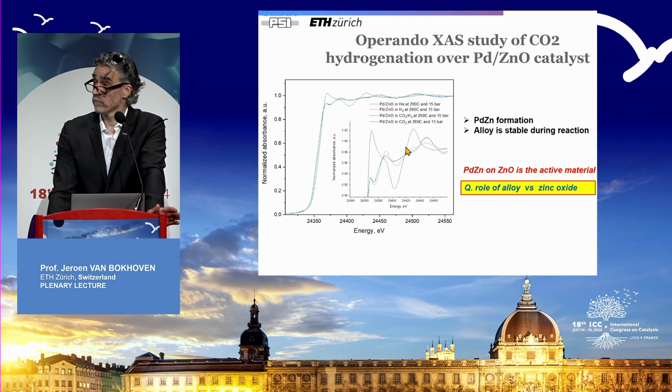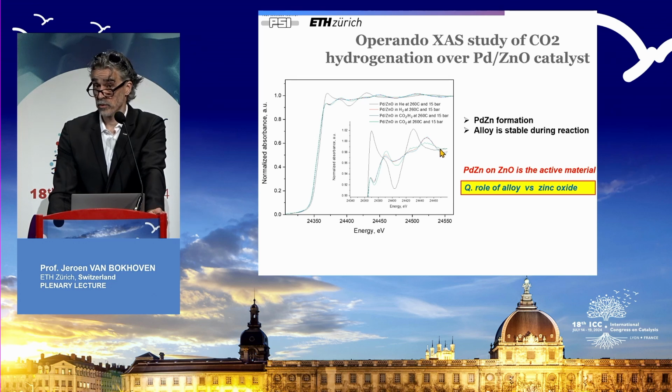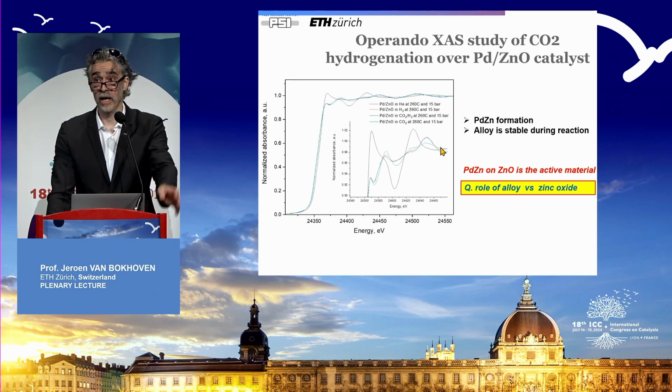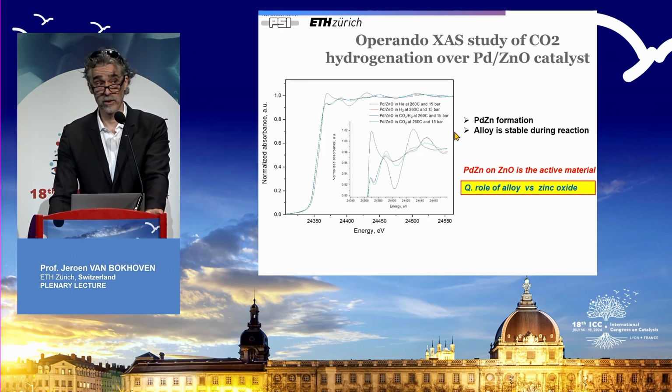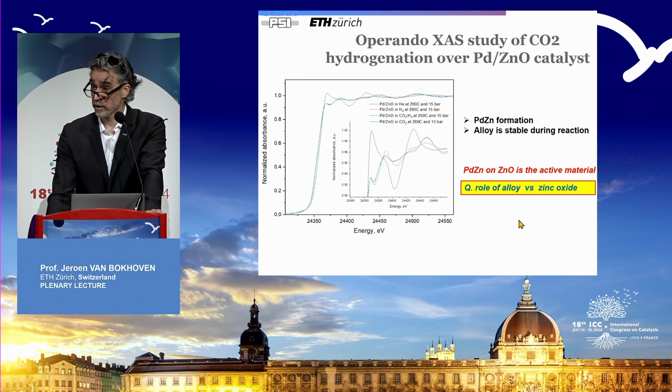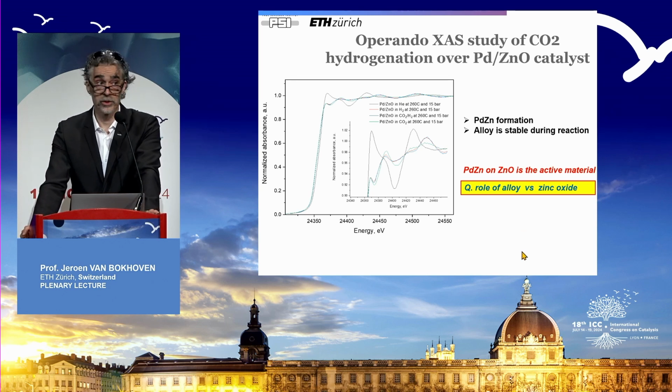So here, in opposite to the copper-zinc system, the palladium-zinc alloy is stable under catalytic conditions. So here I have an alloy on the surface of zinc oxide that's actually a very active, selective catalyst for methanol synthesis from carbon dioxide.